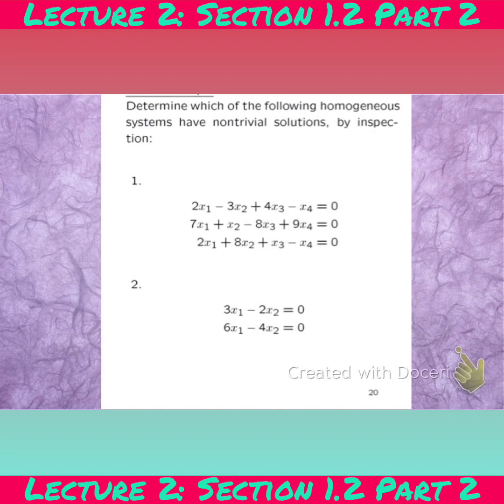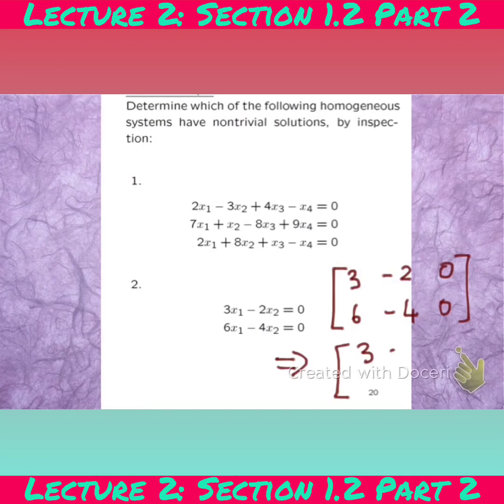Okay, let's look at the next one. If you write down the augmented matrix of this system, it's going to be 3, minus 2, 0, and 6, minus 4, 0. Now, if you write it in reduced row echelon form, you can do that by multiplying the first row by minus 2 and adding it to the second row.